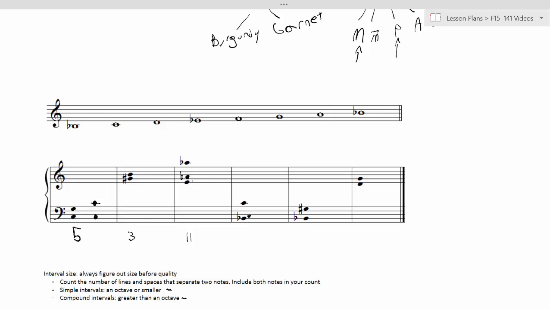So E, F, G, A flat. 1, 2, 3, 4. Okay, so the size is a fourth as a simple interval. Okay, 11th as a compound interval, 4th as a simple interval. Okay, so that's figuring out interval size. What if we want to figure out interval quality?